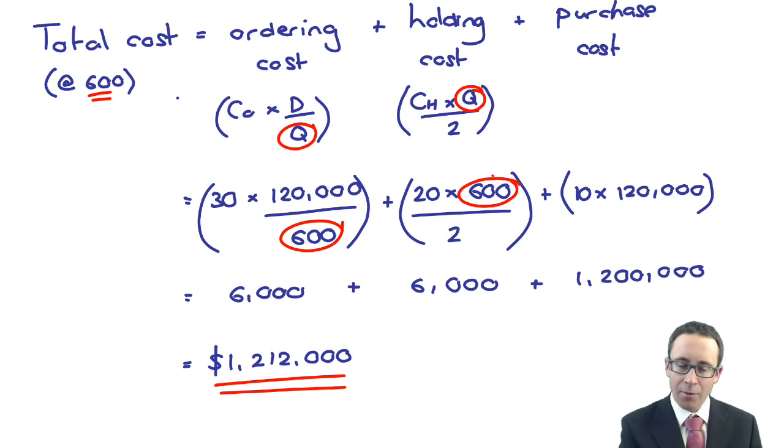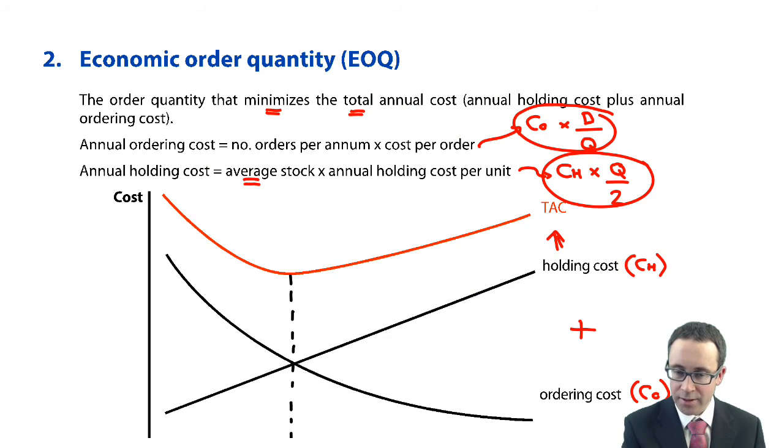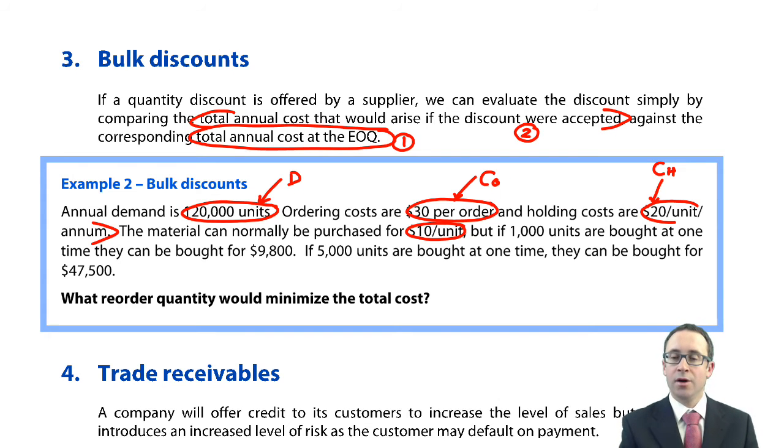Now, if we go back to the question, we need to think about comparing that total cost under your economic order quantity of $1,212,000 and see if we take account of any bulk discounts, whether or not things get a little bit cheaper.